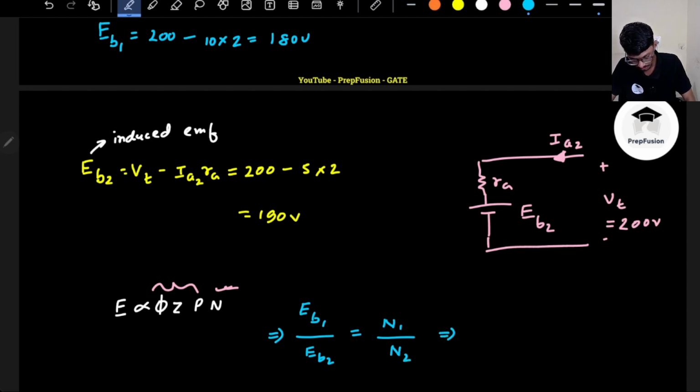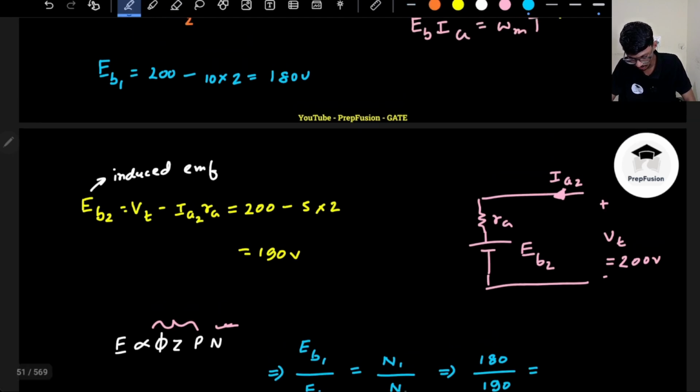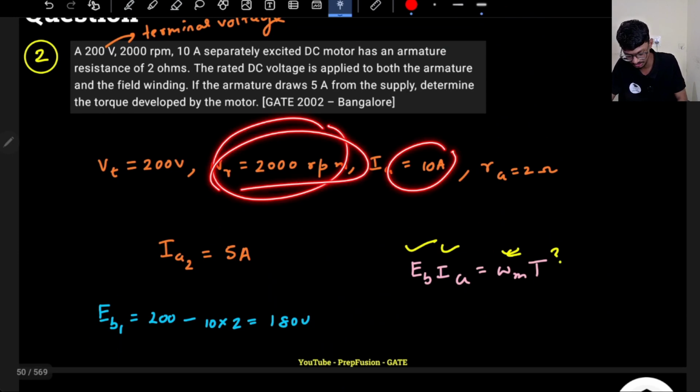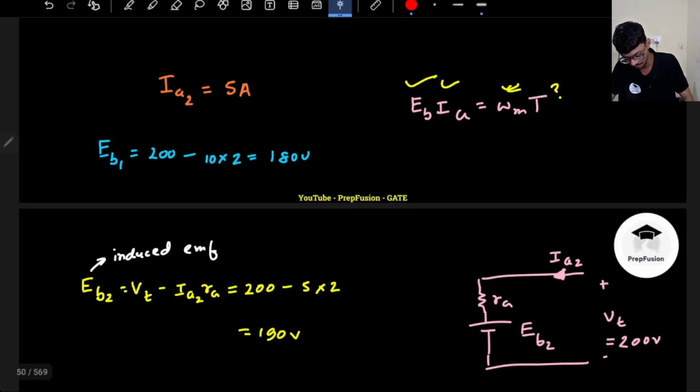So EB1 is 180 divided by EB2, that is 190, equals N1 by N2. N1 is the initial speed they have given me, right? When the current was 10 amperes, it is 2000 rpm. So this will be 2000 rpm.